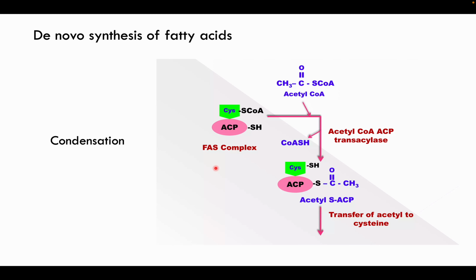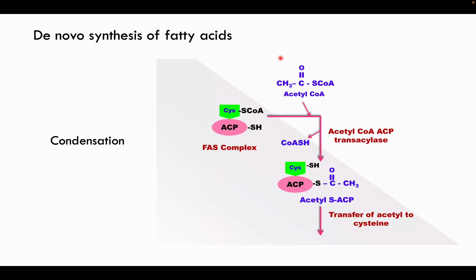So there is a complex of 7 enzymes which are required for this reaction. In total they are called the fatty acid synthase complex, which includes different enzymes which perform different functions. So the first step is the condensation of malonyl coenzyme A and the acetyl coenzyme A.